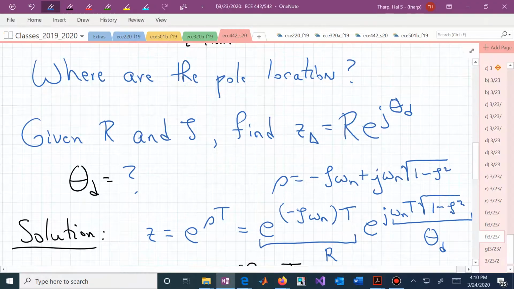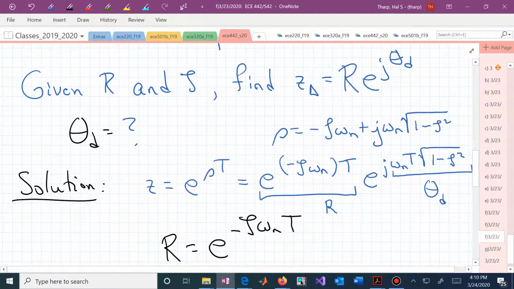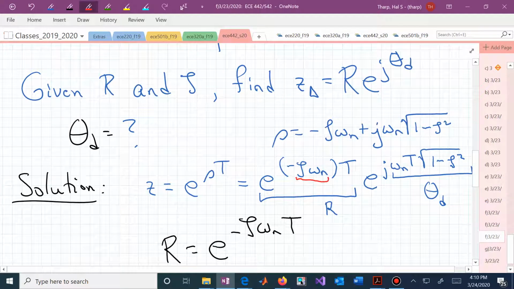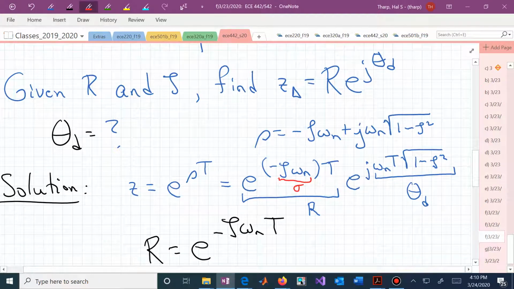If we wanted to get a little more detailed, here is our sigma, and this piece is our omega sub d.